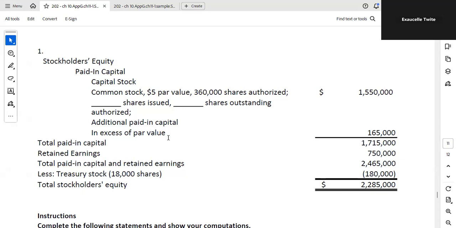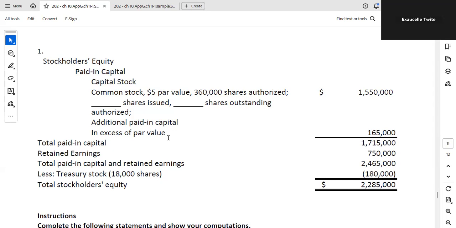Authorized goes back to when the company is first established in their corporate charter. They have to agree what is the maximum number of shares of stock, common stock or preferred, but in this case, common, that they will issue. And what they said from the beginning was that the maximum we're going to issue is 360,000 shares at $5 par value.